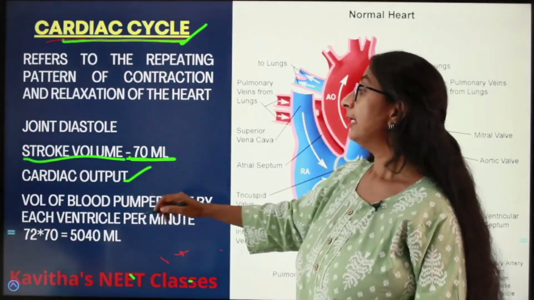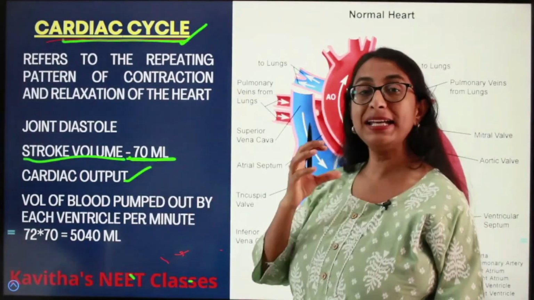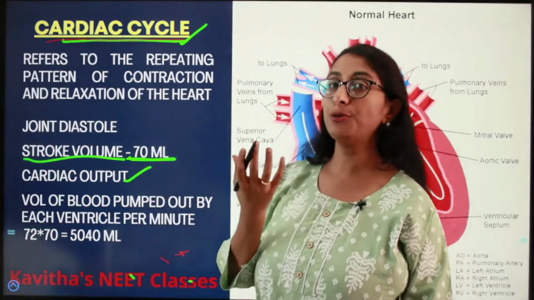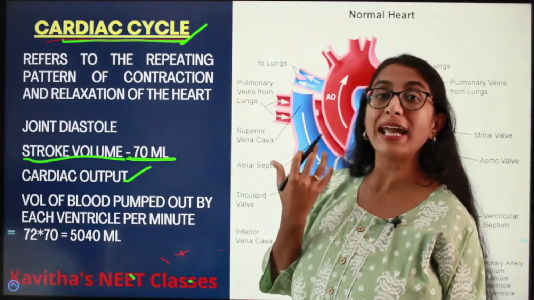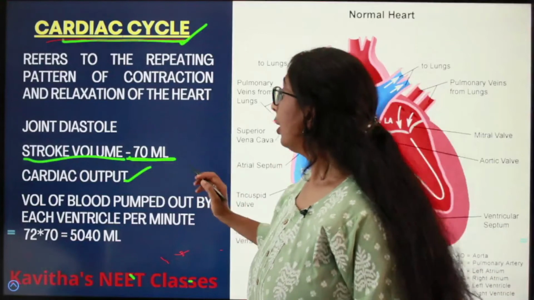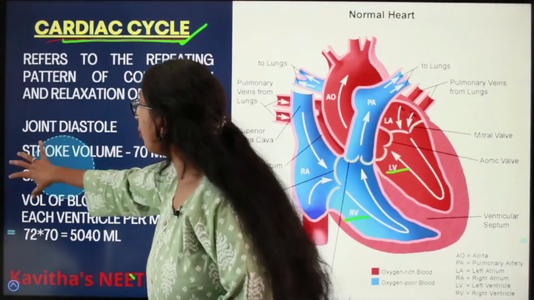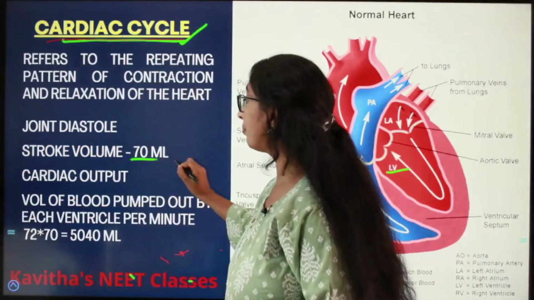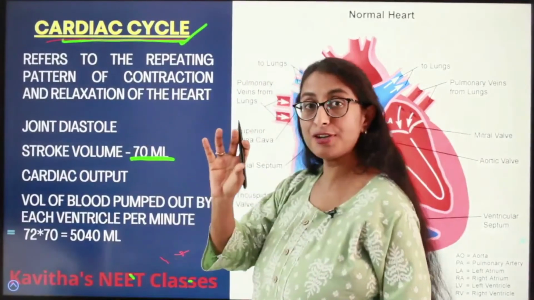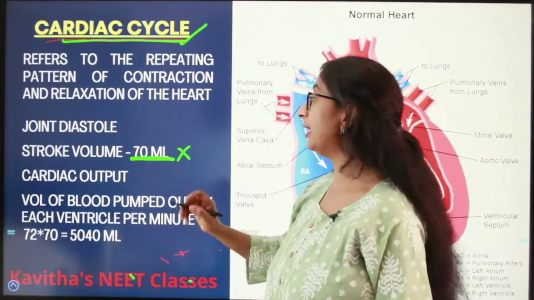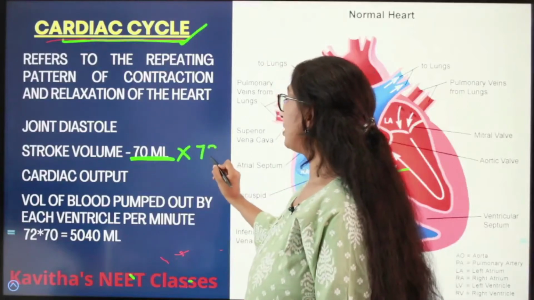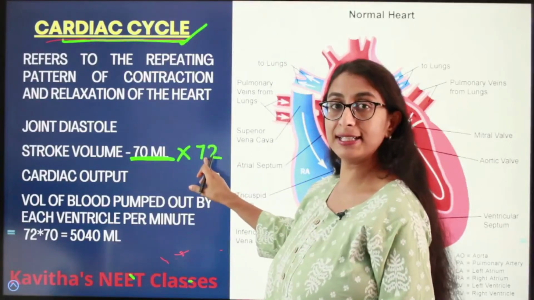We know that the heart beats around 70 to 72 times. On an average, the heart rate is 72 times per minute, isn't it? So, we multiply the volume of blood that is pumped out by the ventricles in a single contraction with the number of times it pumps in a single minute, that is 70 into 72. This is the heart rate, isn't it?